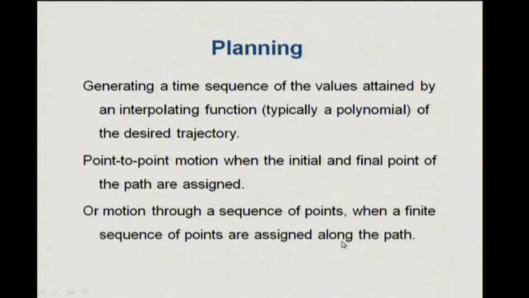And then there are 2 classes. One is point to point motion, when only the initial and final points of the path are assigned, or you can go through a sequence of points, when a finite sequence of points is assigned along a path.